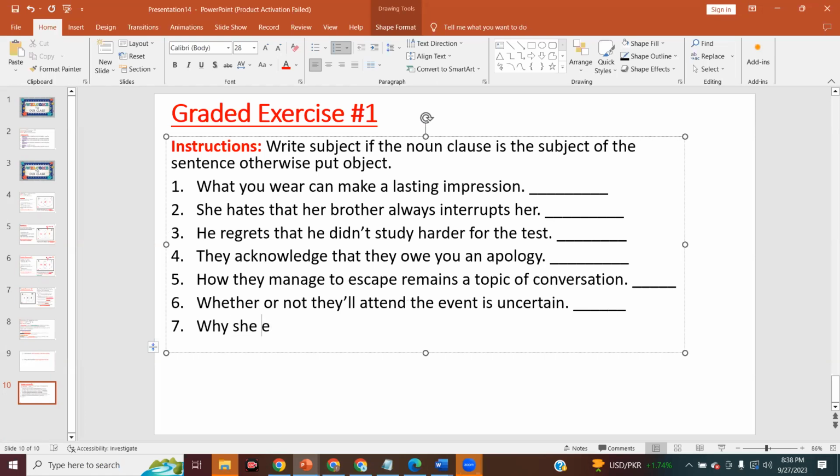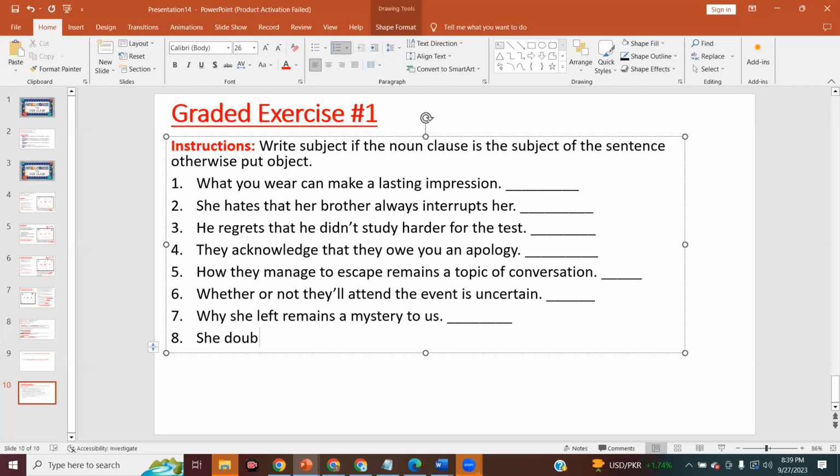Why she left remains a mystery to us. She doubts whether she should take the job offer.